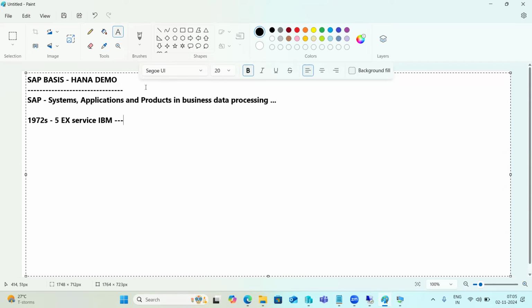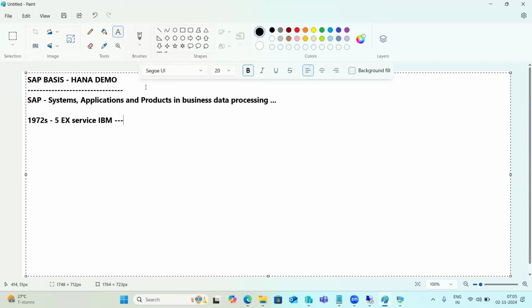The West German people, when they left IBM, based upon the business situation at that time, founded SAP. So there were five initial founders, and the headquarters is also in Germany.